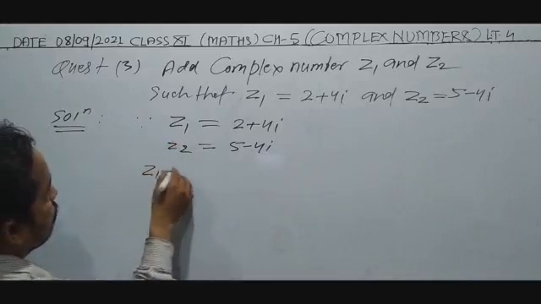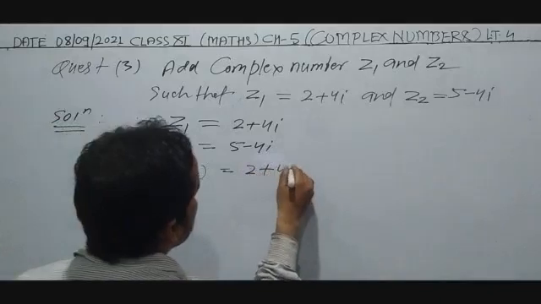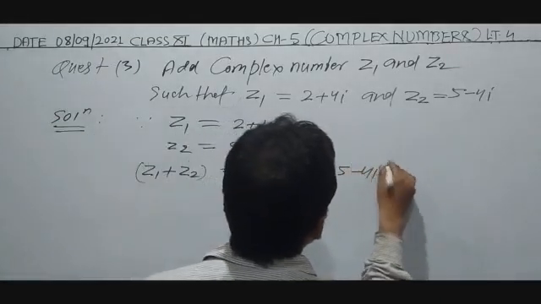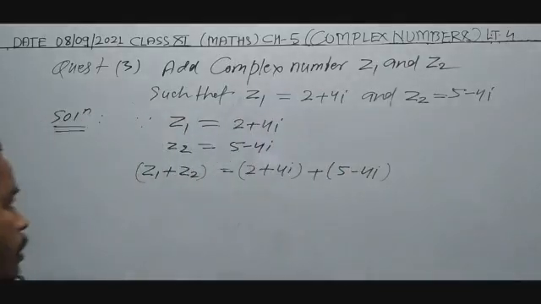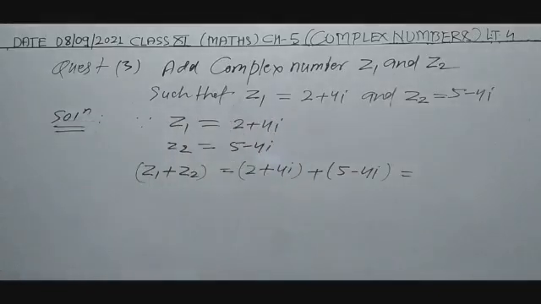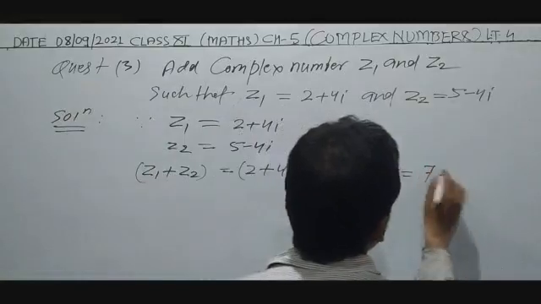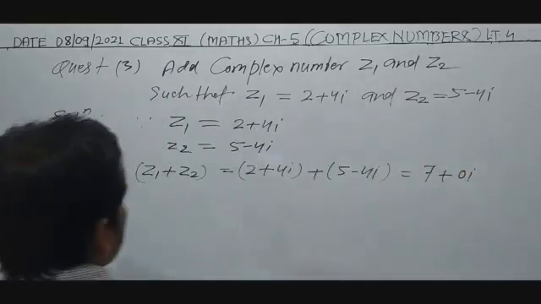So Z1 plus Z2 will be equal to 2 plus 4i plus 5 minus 4i. Now its result, plus 4i and minus 4i will cancel out, result will be 2 plus 5, 7, and 7 in complex form we can write 7 plus 0i.